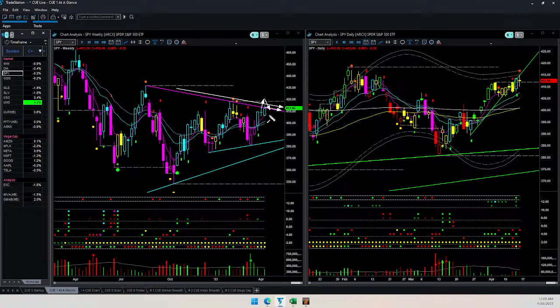It pulled back, and because of SPY being inside a range for this week, and this is the third week in a row, inside a range and close to the upper edge of the range. Because of that fact, this is the third week in a row I have no preferred trading direction.